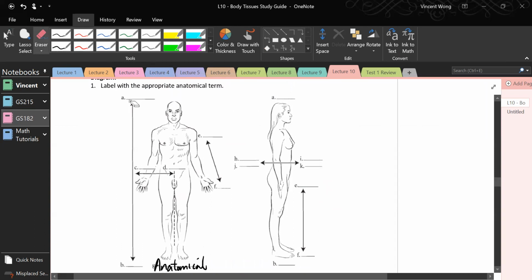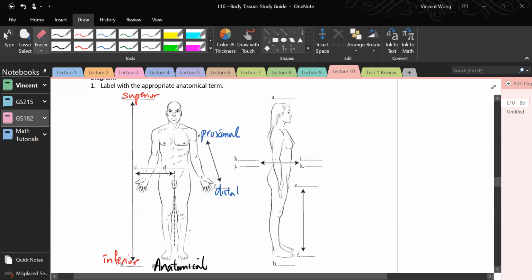Things that are higher up in the body, we call superior. Lower is inferior. Here we see a limb, an arm. Closer to the joint is the proximal, and further away is distal.